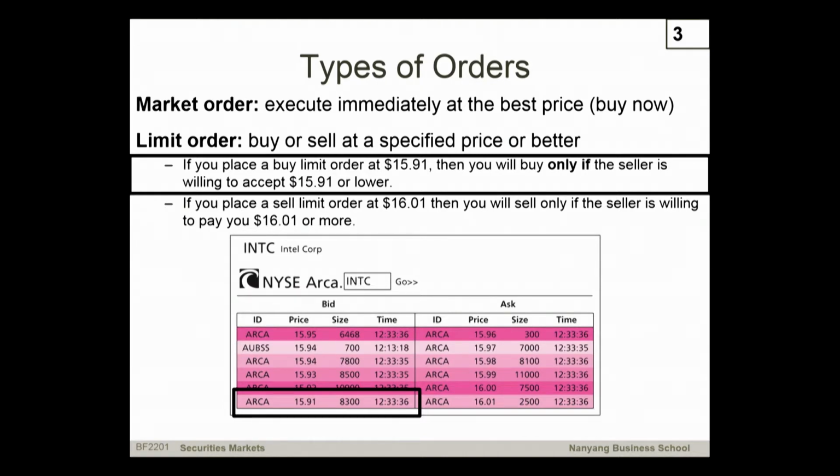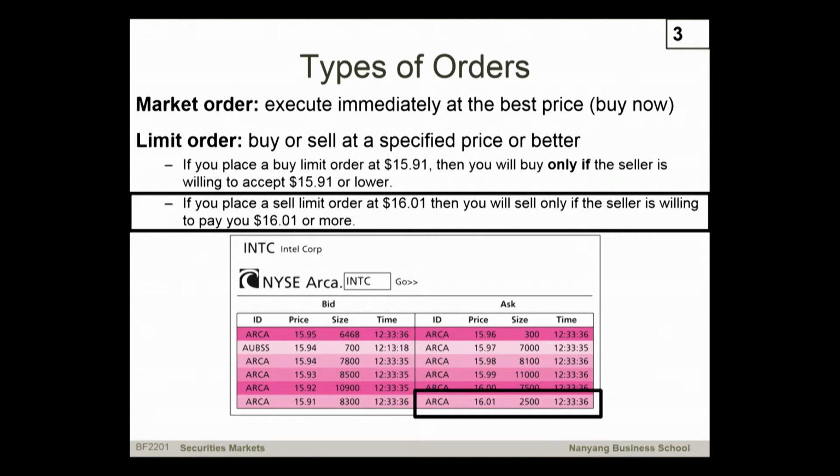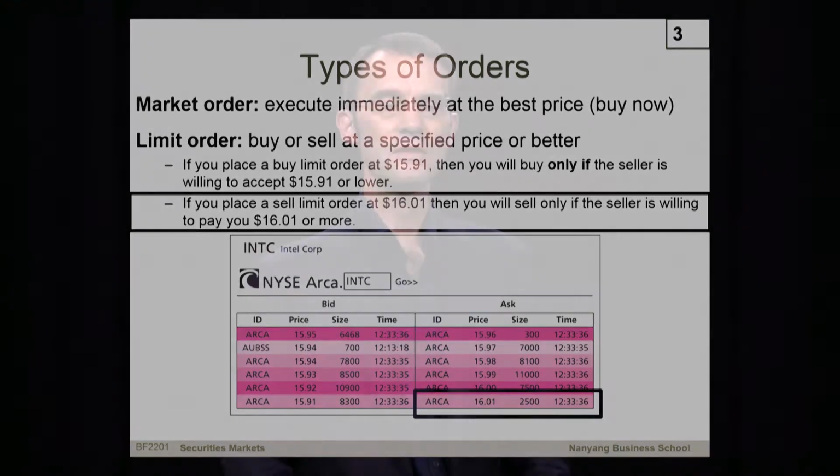So if they're not willing to sell at that price, then I'm not interested in doing the transaction. In addition, we could place a limit sell order at $16.01, and I'm only going to sell if the buyer is willing to pay $16.01 or better.